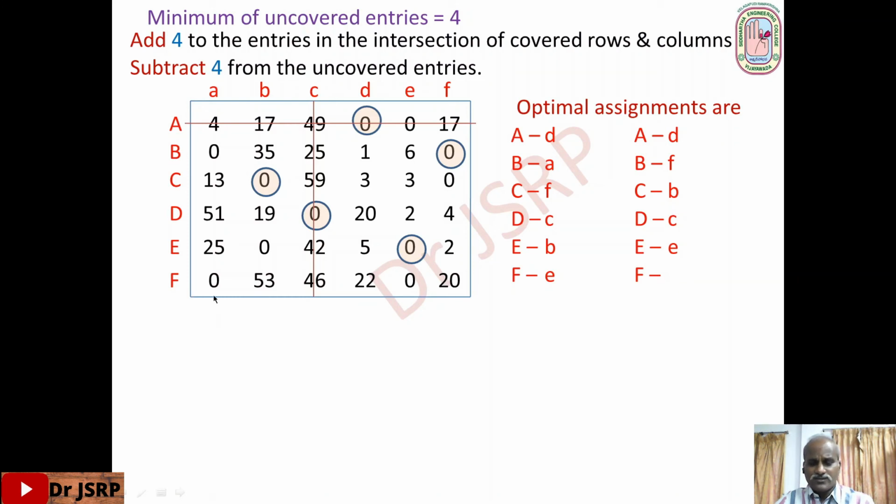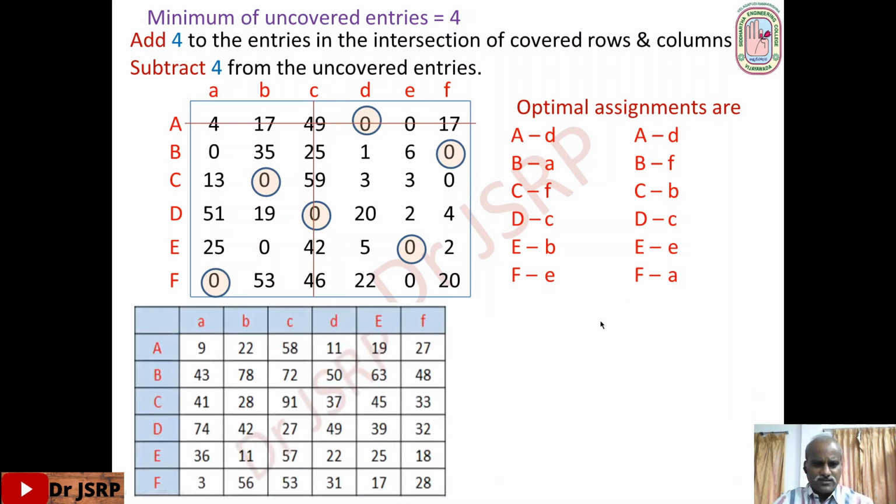So capital F can be assigned to small a. So observe the repetition, A, B, C, D, E, F. There is no repetition. So this is another optimal assignment. Okay. So by keeping in mind the one-to-one relationship, we have to make the assignments. So these two are optimal assignments.